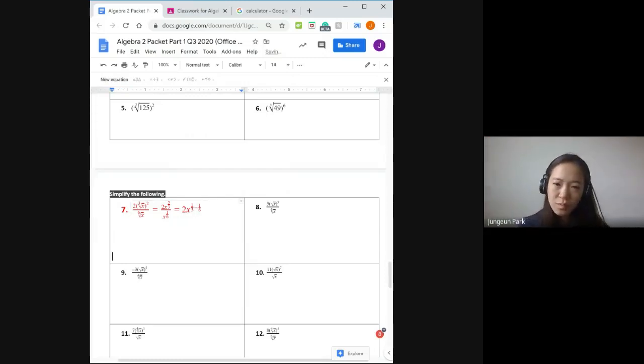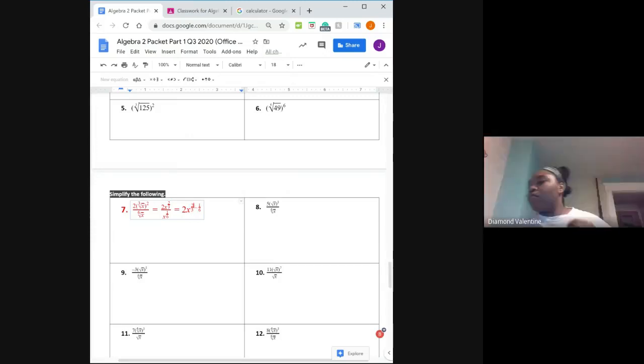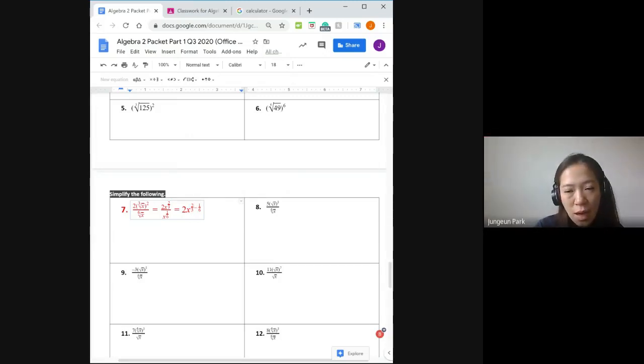Okay, so if you're using a calculator, it will just give you the estimated value. I need you to do this without a calculator, or if you have a graphing calculator there will be a way, but if you don't, we have to make the denominators the same. How can I make this denominator the same?